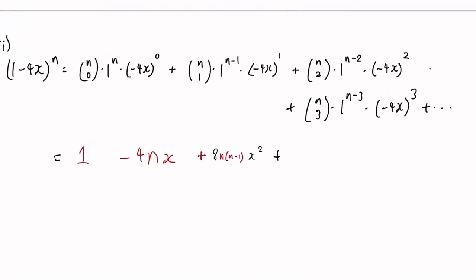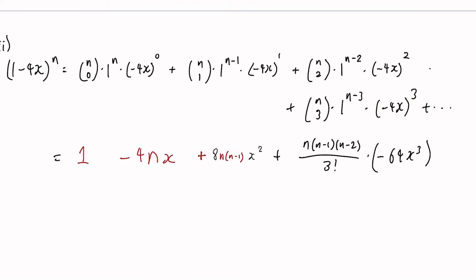Then n choose 3 will be n times n minus 1 times n minus 2 divided by 3 factorial, times 1 power whatever, which is still 1, so ignore it. Negative 4 power 3 is negative 64 x cubed. Take note that negative 1 to an odd power gives you a negative, even gives you positive, so it's still a negative.